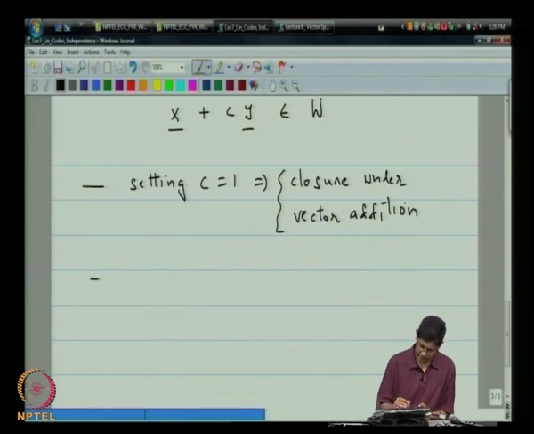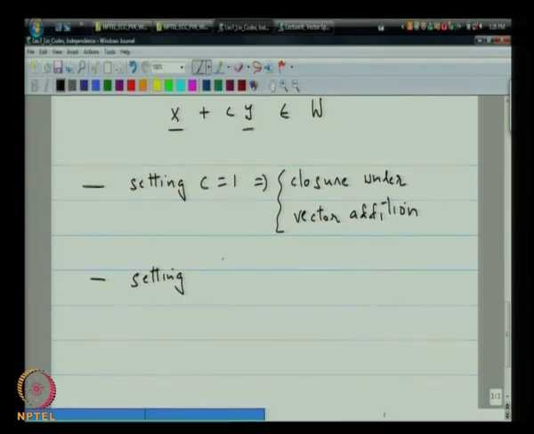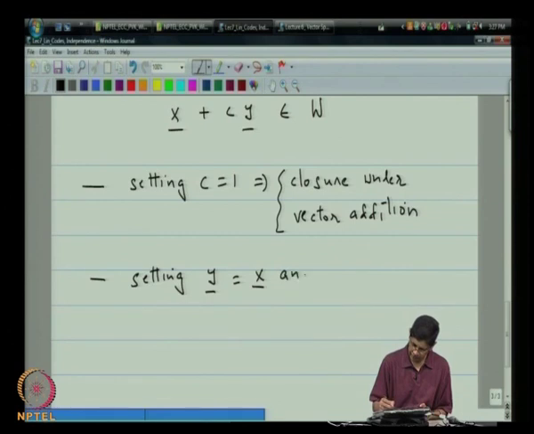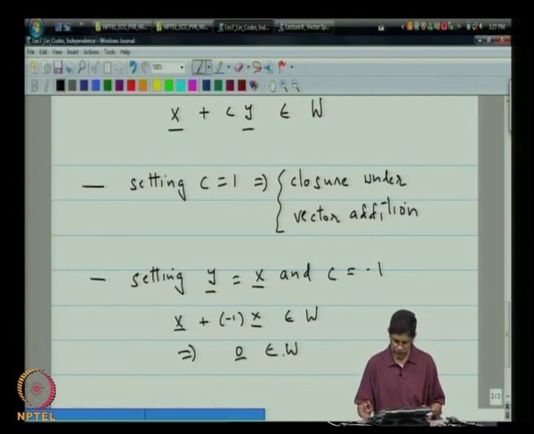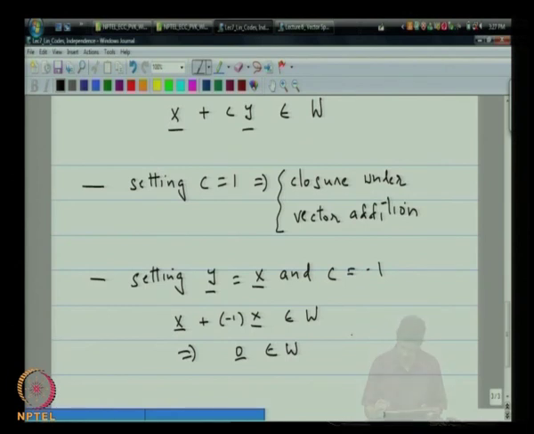Then next, setting y equal to x and C equal to minus 1 ensures that x plus minus 1 times x belongs to W, which is to say that 0 belongs to W. So, that ensures that the identity element belongs.